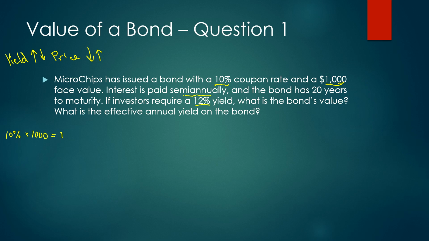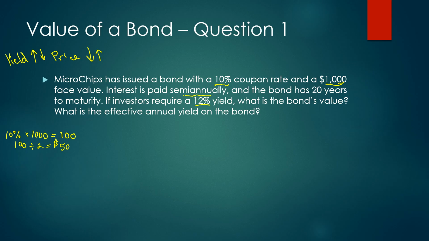That's going to equal $100. However, as I said, it's paid semi-annually, so we have to take 100 divided by 2, and that gives us $50. So that's going to be our coupon payout.